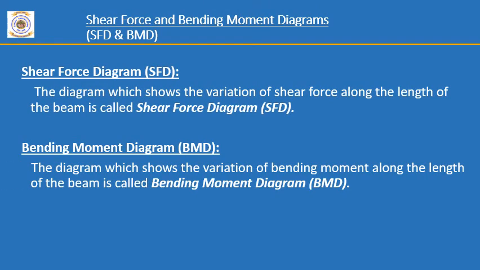Next one, shear force diagram. A shear force diagram is a diagram which represents the variation of shear force across the length of the beam. Next one is the bending moment diagram. It is a graphical representation of the variation of bending moment across the length of the beam.